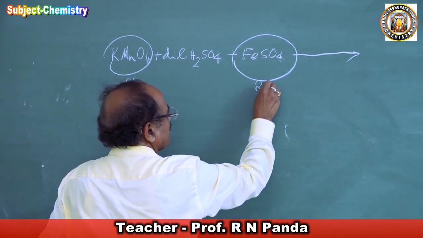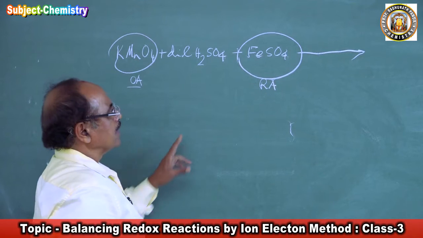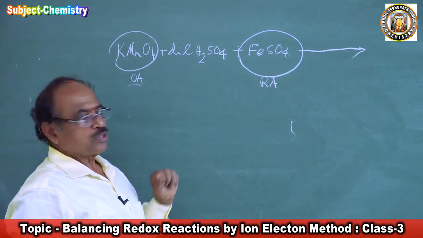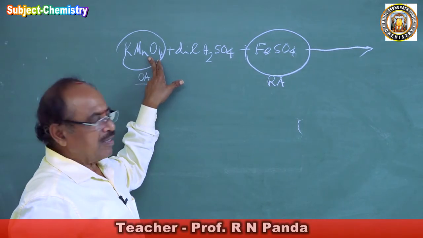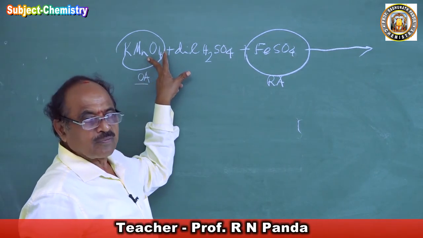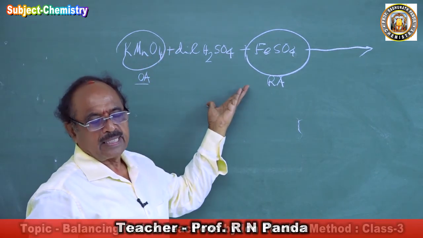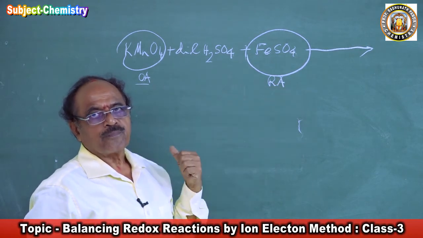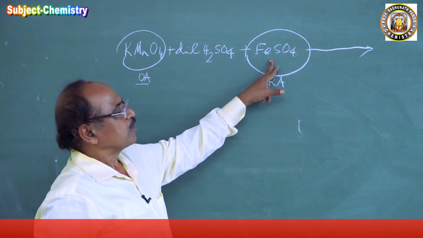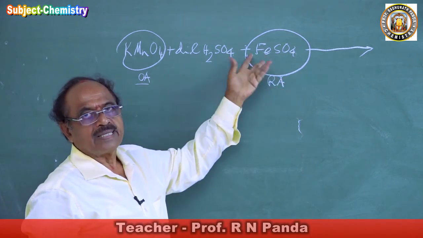So ferrous sulfate will act as a reducing agent. KMnO4 will form K2SO4, MnSO4, water and 5O. That 5O will react with the ferrous sulfate to form ferric sulfate.